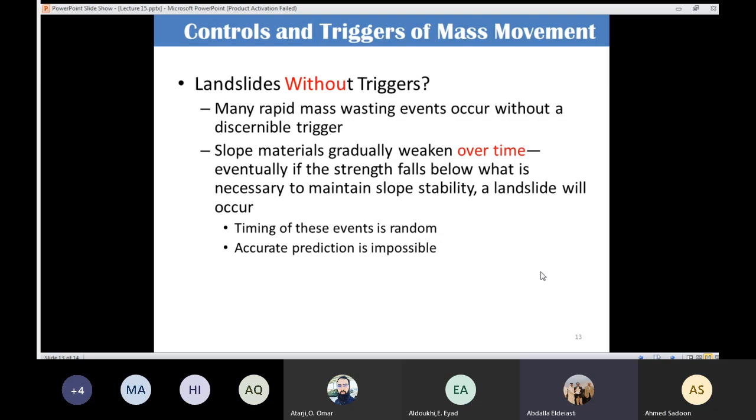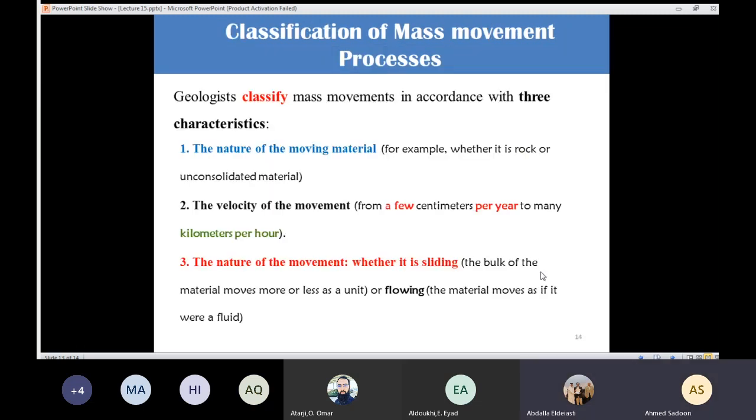Thank you. Okay, we have many types of mass movement, and we are going to classify them. It depends on three characteristics. The first one is the nature of the moving material.